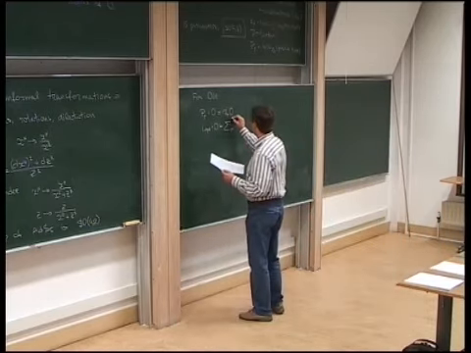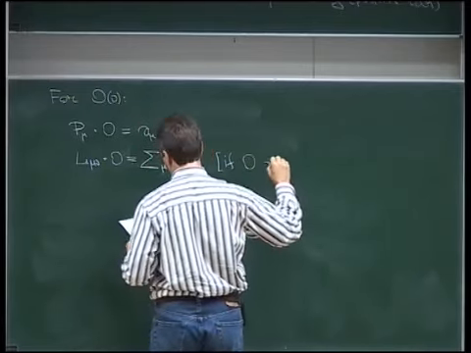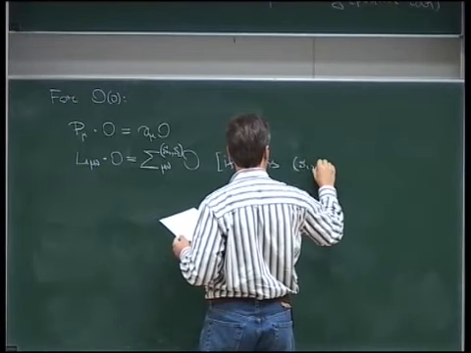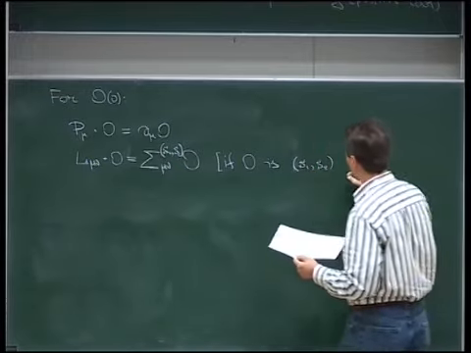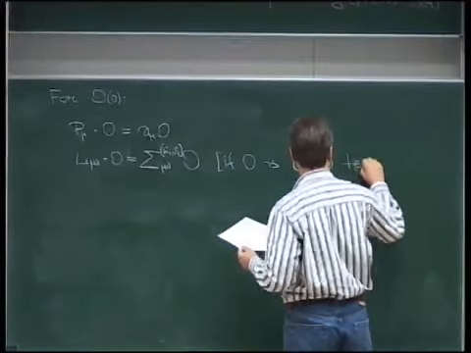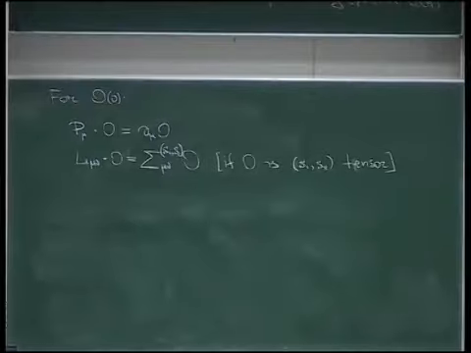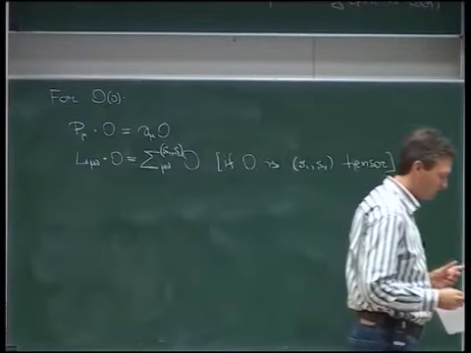So if O transforms as the tensor of (s1, s2) type, the Lorentz group is equivalent to SL(2,C), so its representations are equivalent to two copies of representations of SU(2): left spin and right spin.